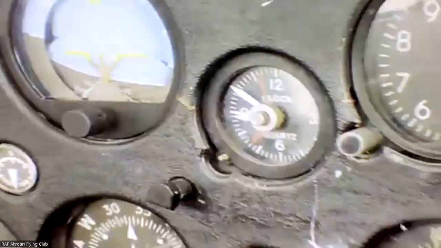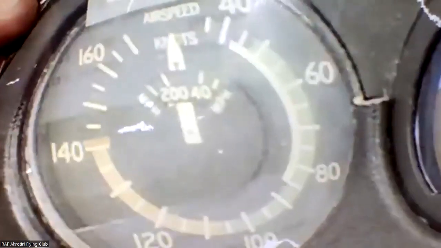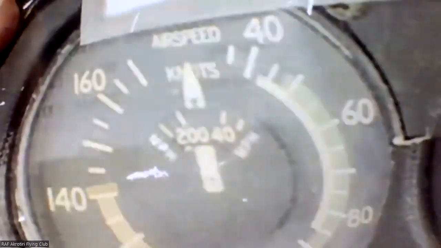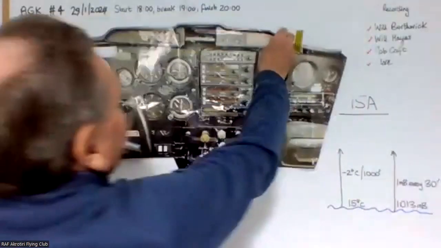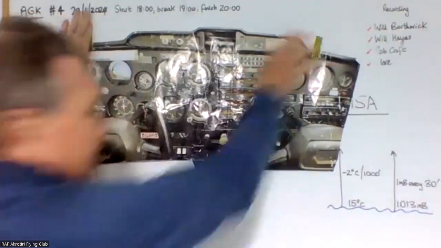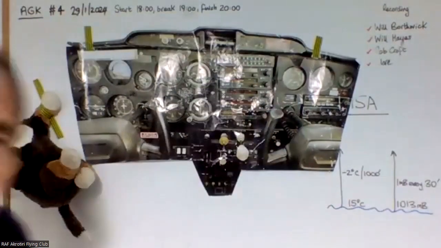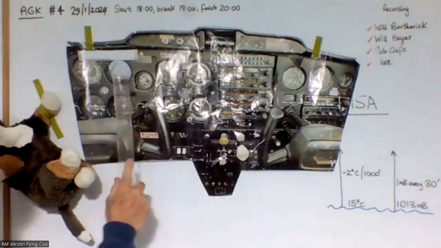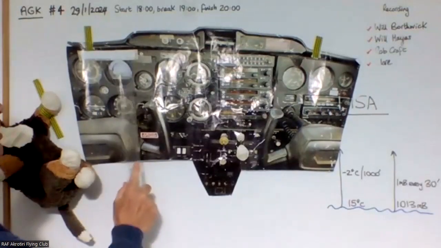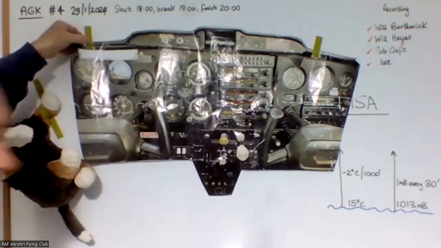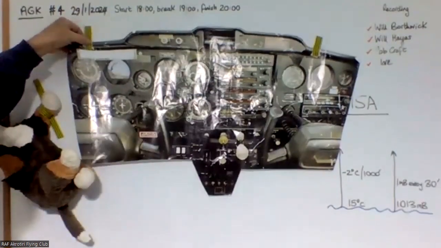it's the, where are we? There, it's the airspeed indicator. It shows you your speed through the air, and then as we come to the right, Rob, what's the next instrument? Artificial horizon indicator.